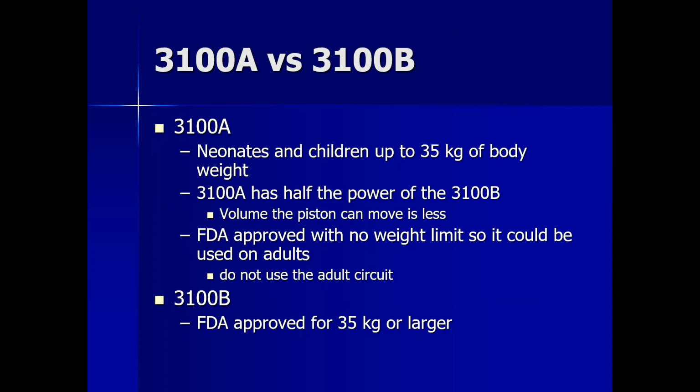So I would say 3100A to memorize information: use that on neonates and pediatrics, and the 3100B, use it on larger pediatrics and adults. The 3100A has an extra knob to center the piston.